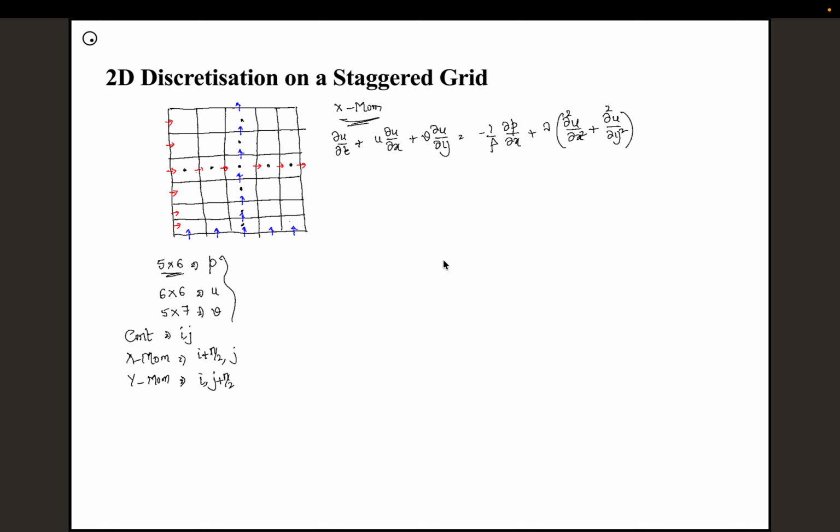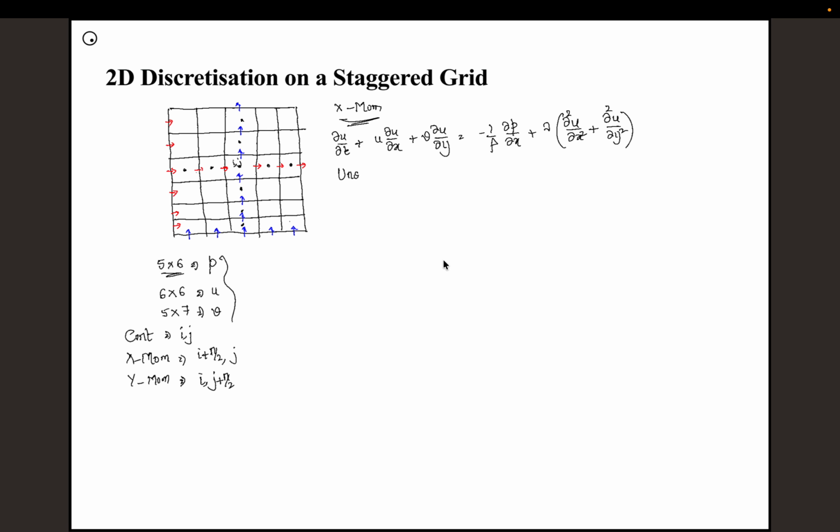So if you are doing this discretization, this is my I comma j cell. For the first x momentum equation, I should be doing on I plus n by 2 comma j. So that is this cell. So if I'm doing across this, this is I comma j, this will be my I plus half comma j. So when I discretize at this point, del u del t, it will be 1 by delta t times a term.